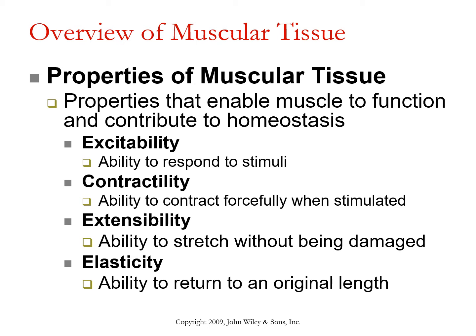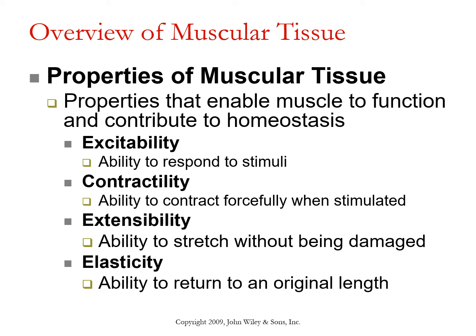It depends on what forces need to be overcome or what the resistance is. Also, when muscles contract, they may shorten, they may stay the same length, or they may also lengthen depending on what forces are opposing that contraction. So we will revisit that concept later on. But contractility is the ability of muscular tissue to contract forcefully when stimulated.